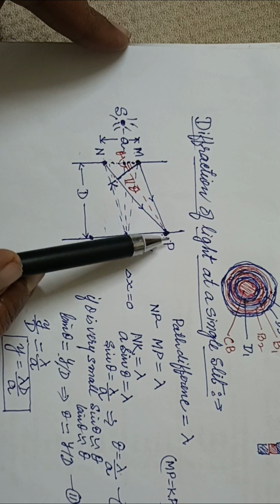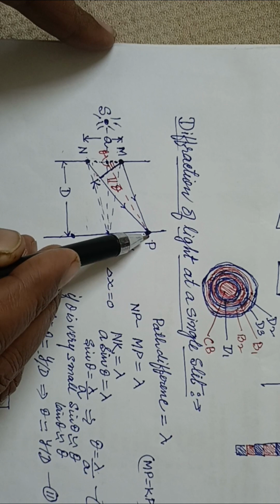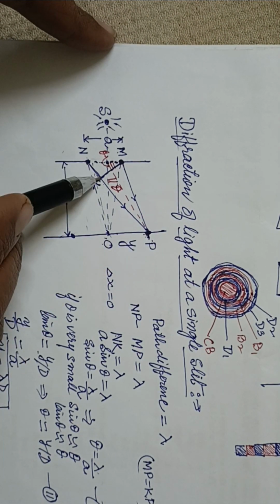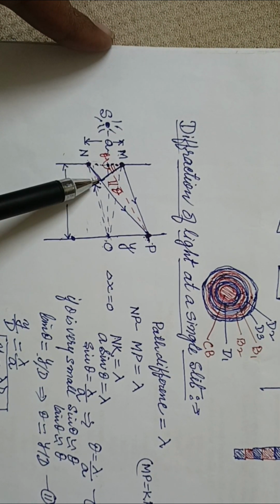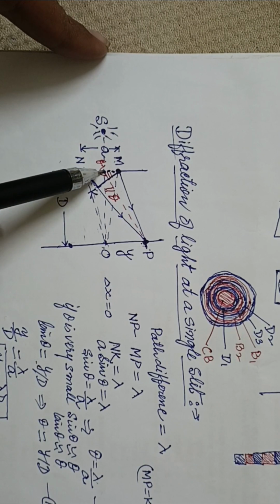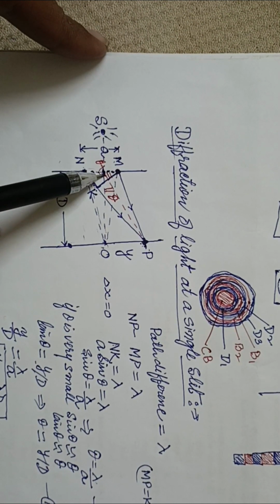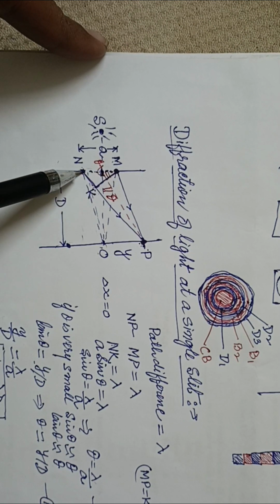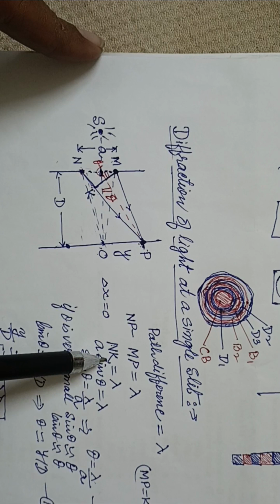The reason I am giving you is that at this point the path difference is lambda, a complete wavelength. If we consider the midpoint, then for the full slit the path difference is lambda, that you have seen.